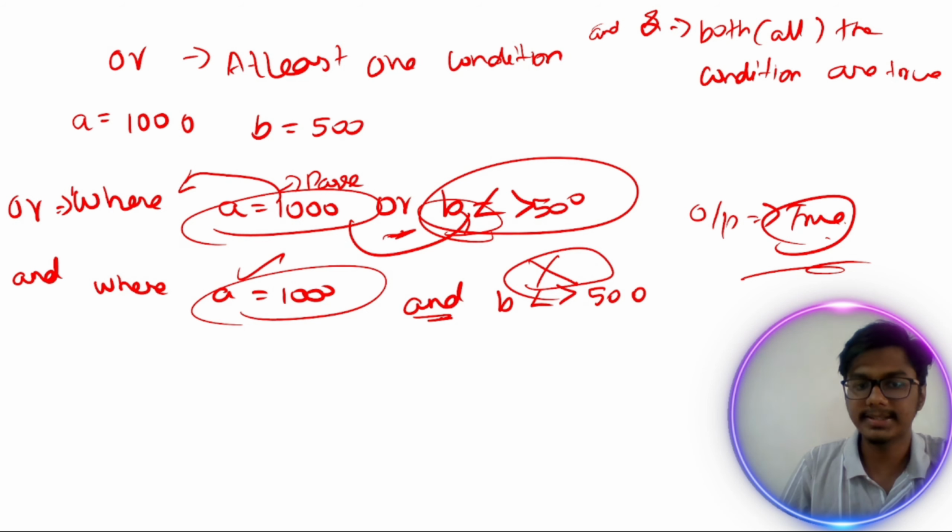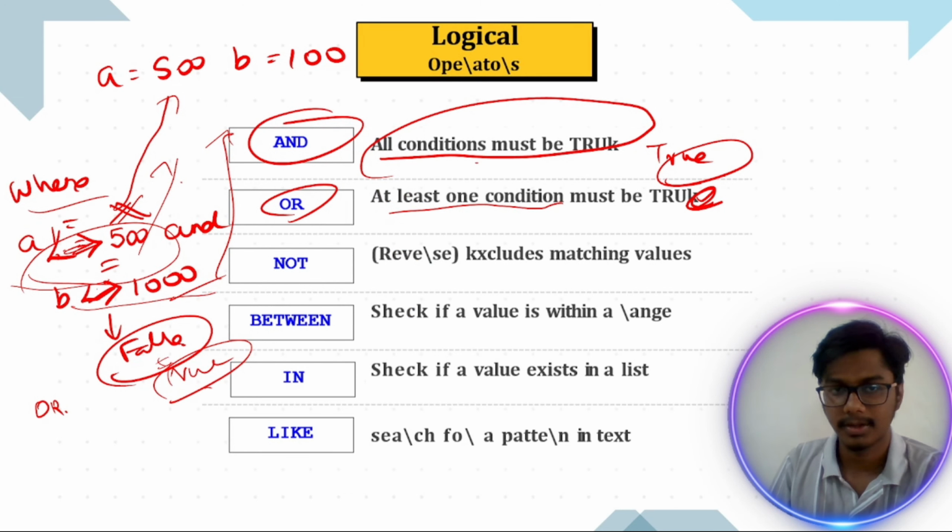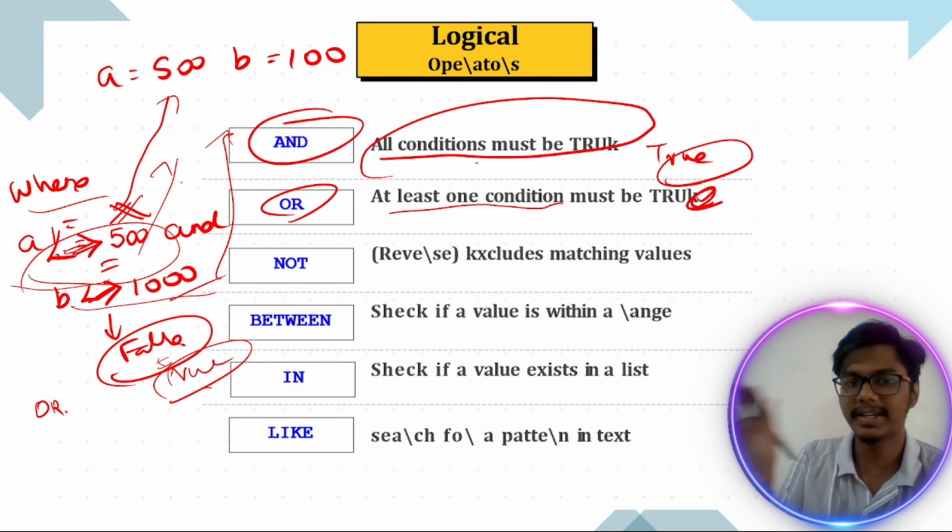If the first condition itself fails, then why check the second condition? The output should be false. That's the basic intuition of this session.